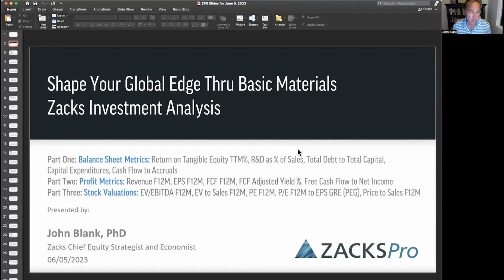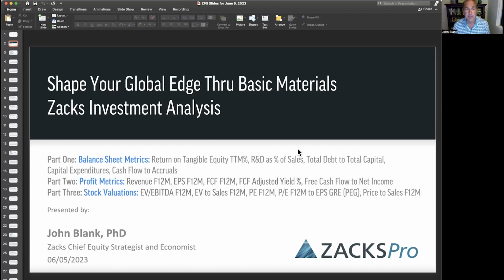Going through a new sector today. This will be the start of a multi-week series on basic materials. And you might want to ask yourself, why are we looking at basic materials? Steel, chemicals, paper, gold, non-metals, non-ferrous, steel, iron mining, things like this. The answer is because we're going to shape our global edge.